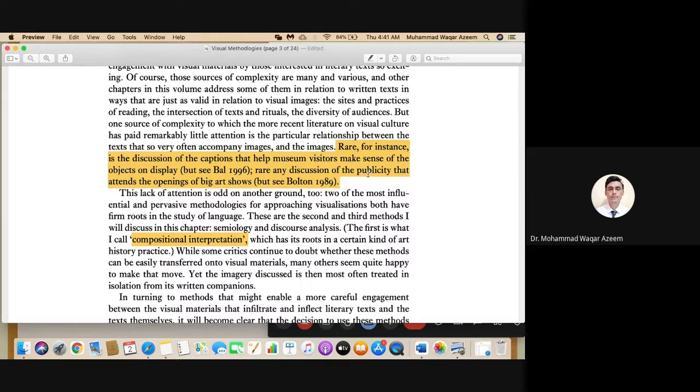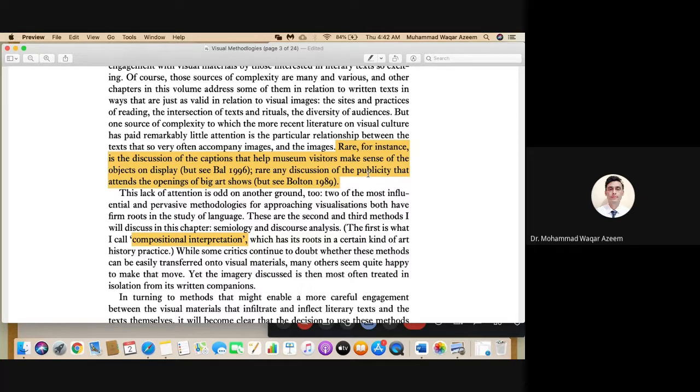So this habit is both ways. Those who are trained in visuals and images tend to ignore the accompanying text. For example, how many of us, when we watch a film, actually read all the credits? Probably none of us, okay?